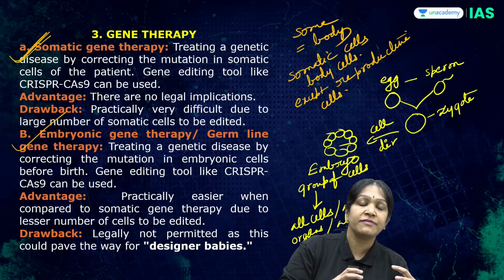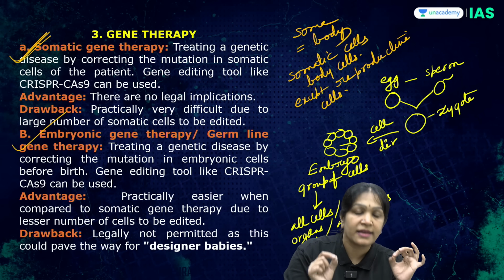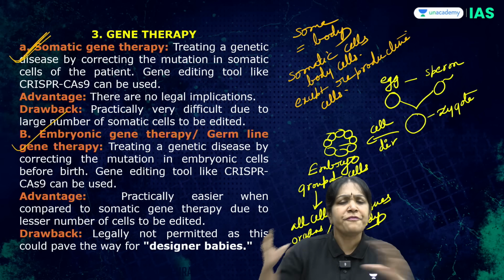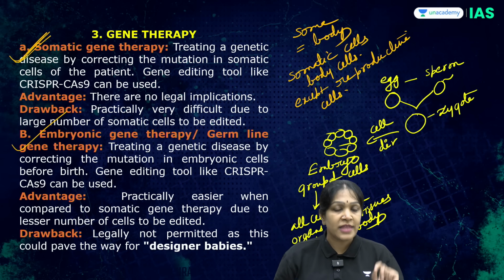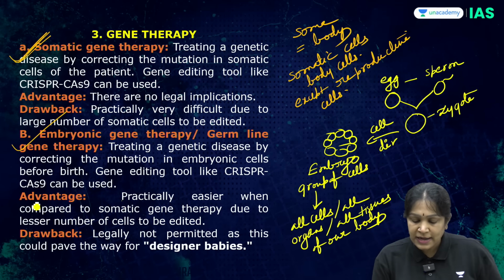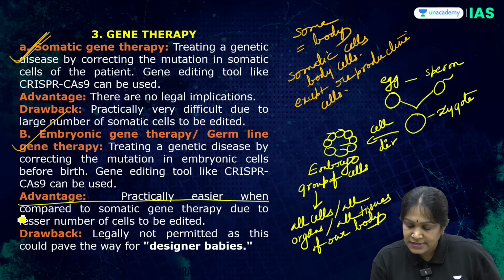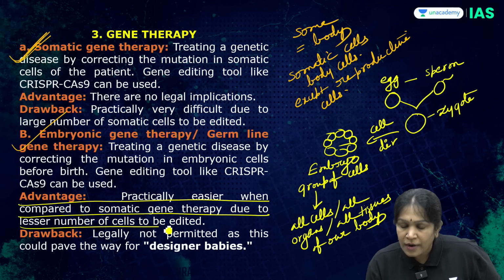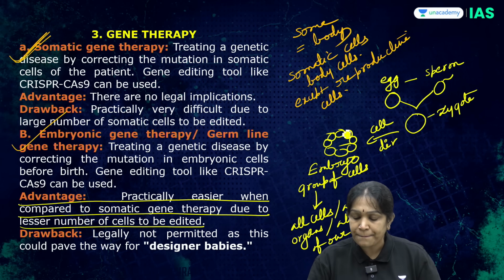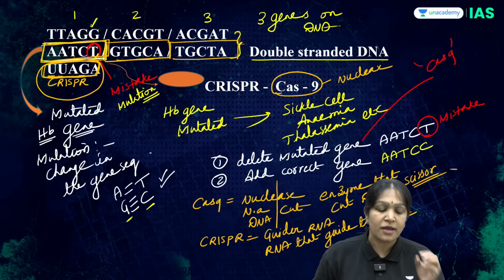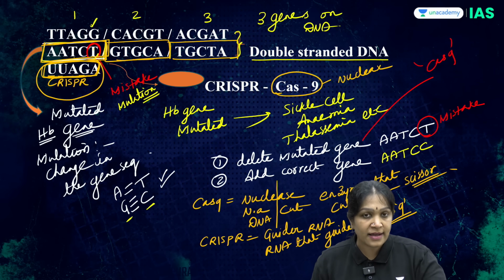The correct gene will be reflected, that gene editing will be reflected in every cell of our body. Every cell will get the correct gene. So therefore, embryonic gene therapy is practically easier because we have to modify or edit a lesser number of cells. For example, you have to do this correction. What correction? Remove the mutated gene and add the correct gene.